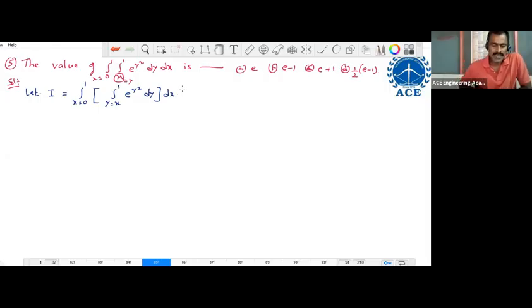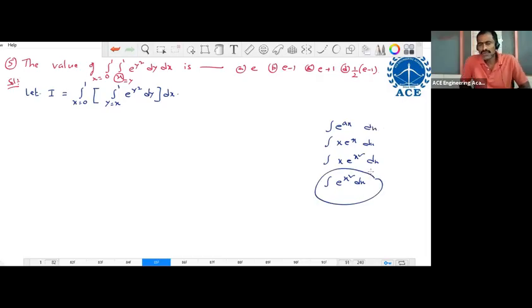Then what is the integral of e power y square? We know the integral of e power x, the integral of x into e power x, and the integral of x into e power x square. But here we require the integral of e power x square only.